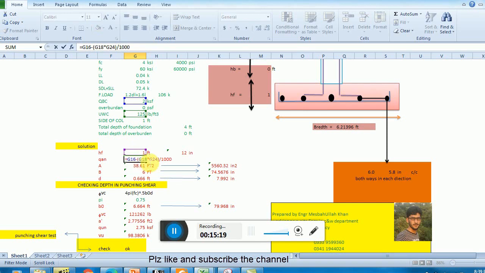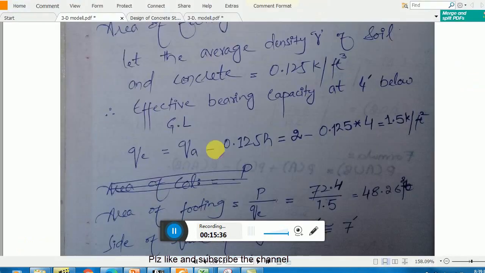Let me check it. 1.8, still 1.8. So we have 2 ksf, and 125 times the depth divided by 1000. Clear. So I think it is okay.